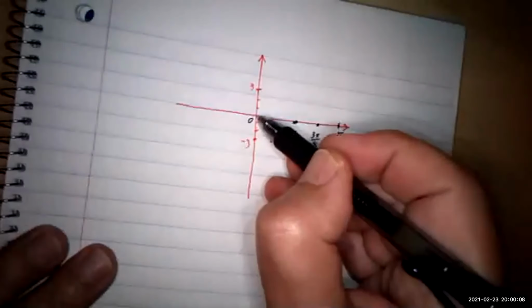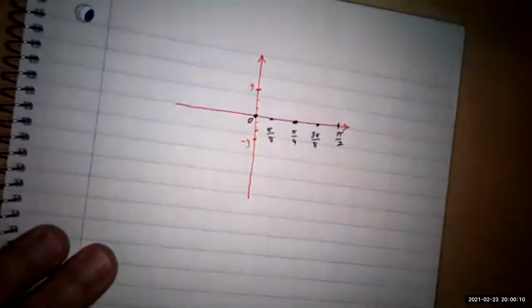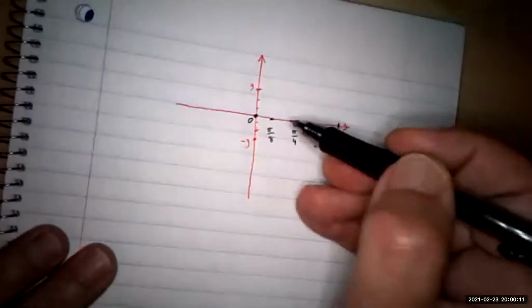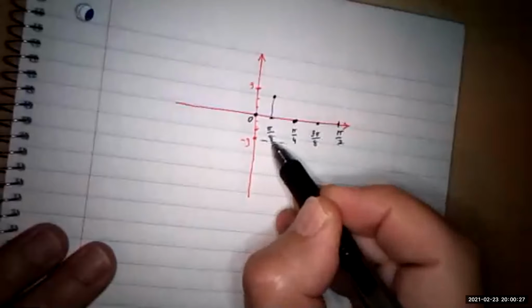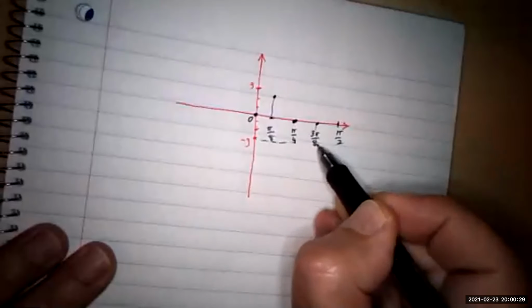Okay, it's a sine function. You know that the sine starts from the origin. Start from the origin, it goes up first. You get the maximum at the first boundary point. Then you get the intercept at the second boundary point. Then it goes down, and you get the minimum here.